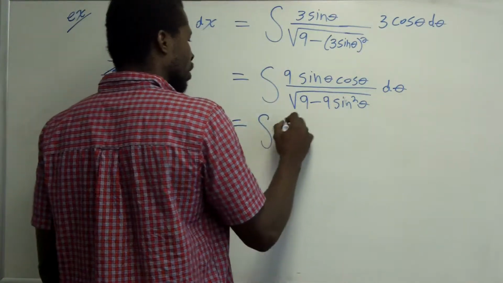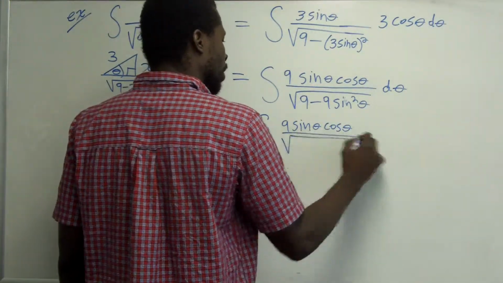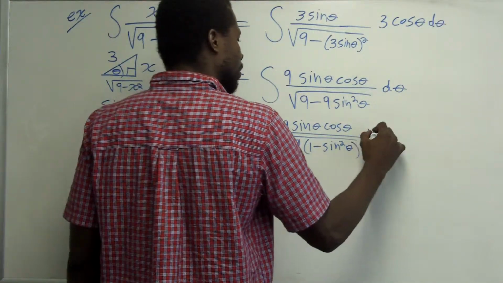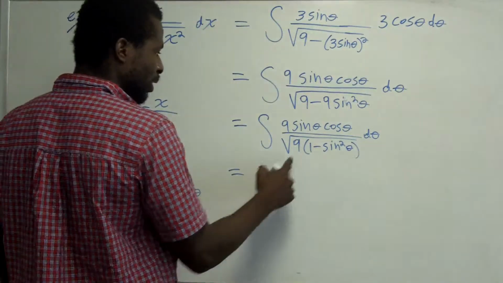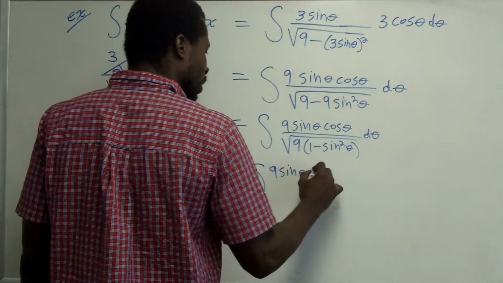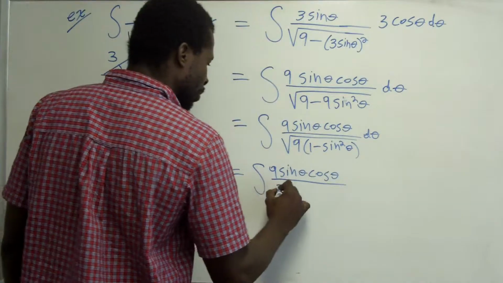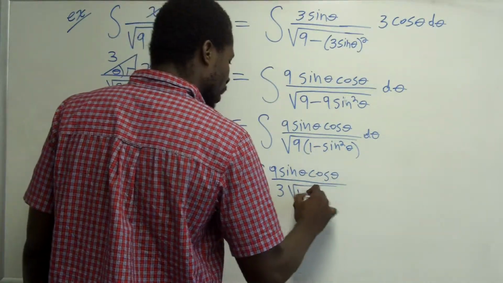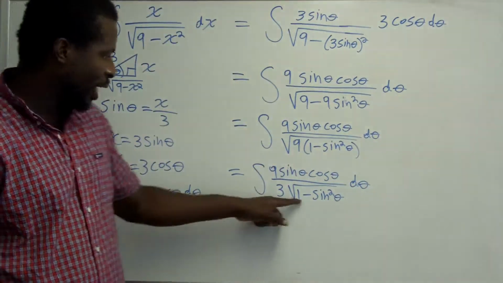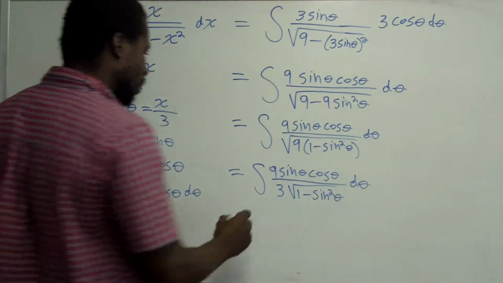So I get the integral of 9 sine theta cosine theta over the square root of 9 times 1 minus the sine squared of theta, d theta, which is, the square root of 9 is 3. So I get the integral of 9 times the sine of theta cosine of theta, d theta, over 3 times the square root of 1 minus sine squared of theta. And that 1 minus sine squared of theta is actually the cosine squared of theta by the Pythagorean identity.